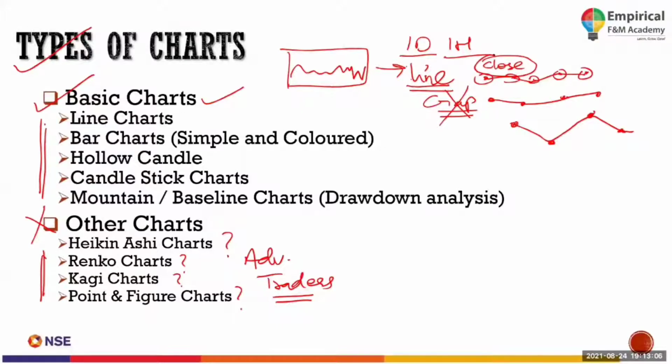So there are various deficiencies in a line chart, and these deficiencies need to be worked upon, and that can only be possible if we go for a slightly advanced chart, wherein instead of the closing point alone, we have the open, high, low, and close points. For every time frame, we should have an open, high, low, and close instead of just having the close.